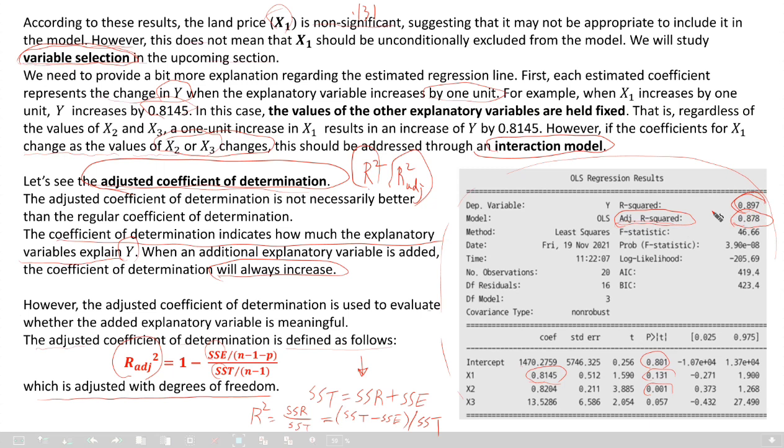Okay, and I will go through many topics in the multiple linear regression model, but there is the multicollinearity problem. This is a serious problem. Sometimes it happens that explanatory variables are seriously correlated.